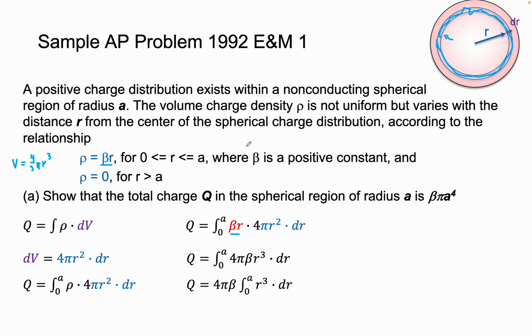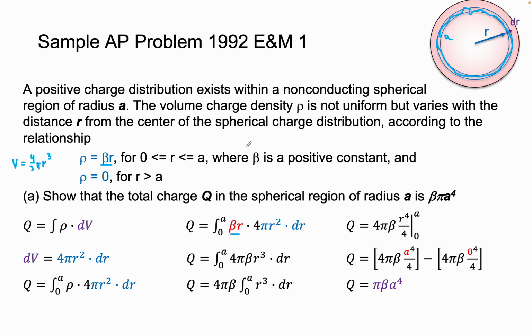Moving the constants outside, we end up with that. The integral of r to the third, of course, is r to the fourth over 4. Plugging in our limits, you can probably see it real quick. The 0 is going to cancel out, and you simply end up with that. So pi beta a to the fourth. I didn't quite have it in the same order, but you get the idea.